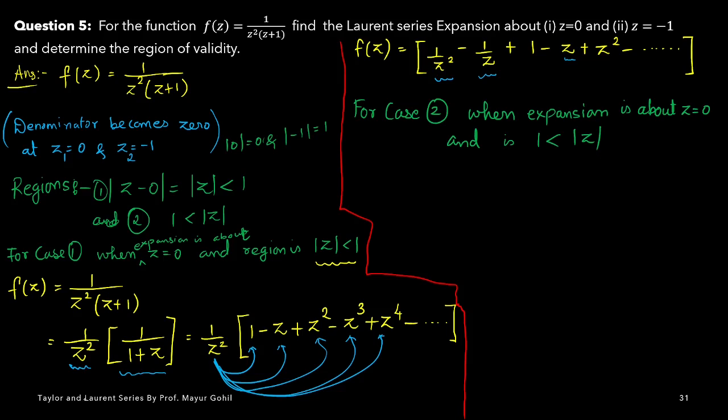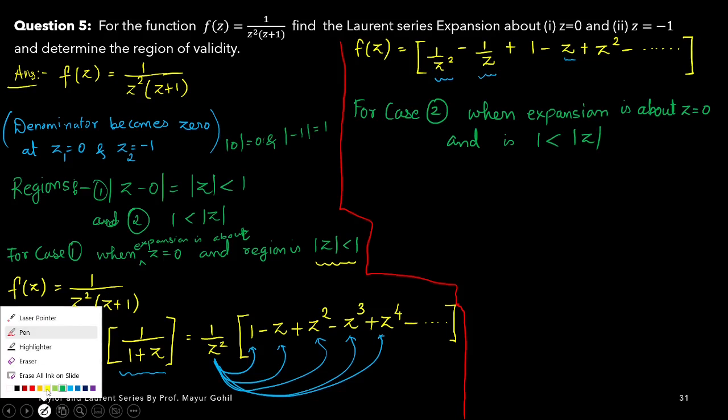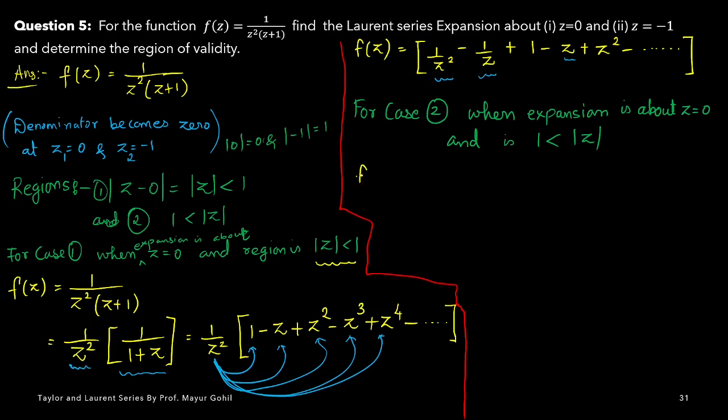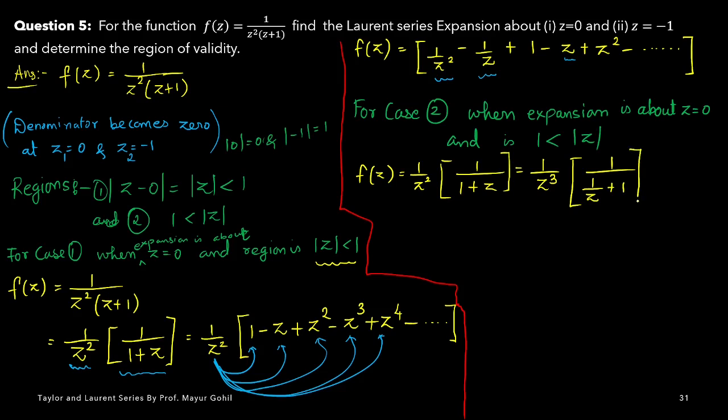The procedure is going to be slightly different. So f of z is 1 upon z square times 1 upon 1 plus z, right? This is what we have seen. Now we will take z common. The moment I take z common, 1 upon z cube, and here I will get 1 upon z plus 1, right?